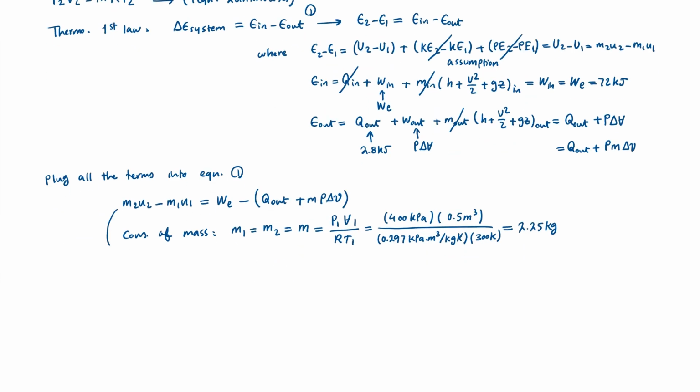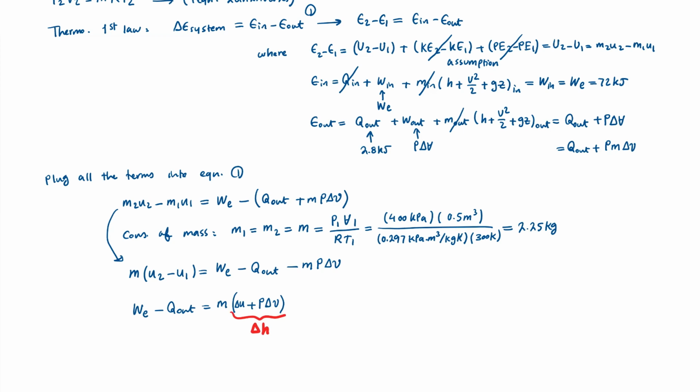So going back to this equation, mass 2 minus mass 1, which is mass times U2 minus U1, is equal to electric work minus Q out minus mass times pressure times delta V. So W electric minus Q out is equal to mass times U2 minus U1, or delta U, plus pressure times delta V. And based on the definition, I know that this is equal to change in enthalpy.